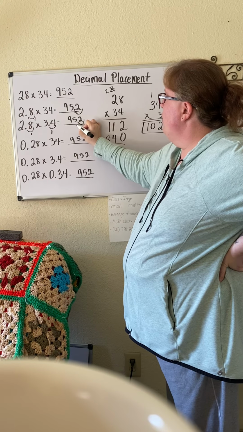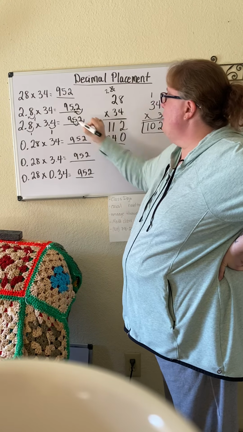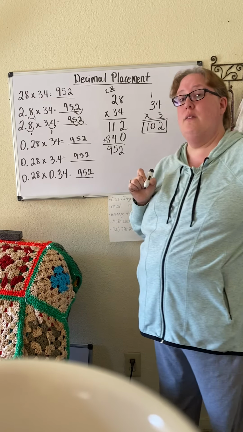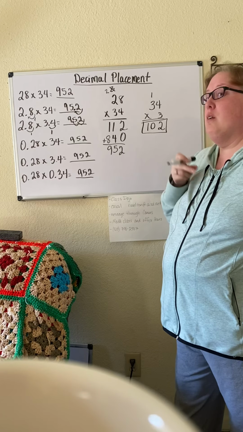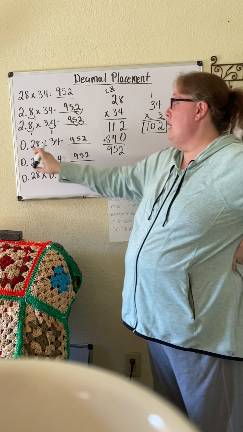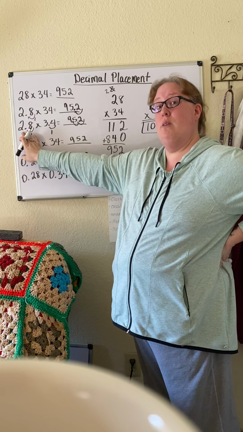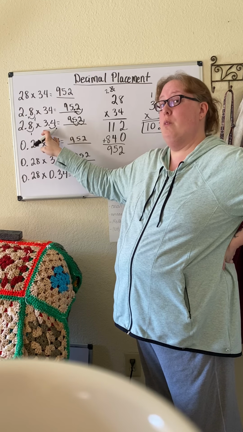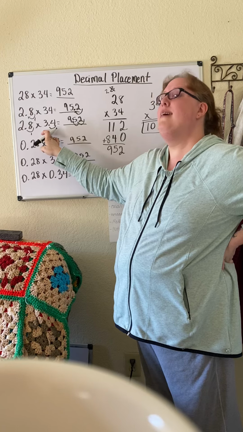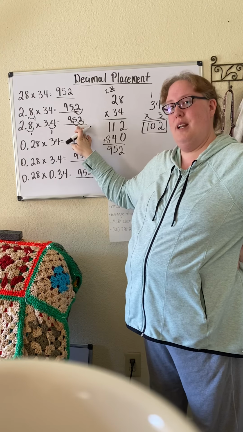Count over 2 places, and the decimal is 9 and 52/100. Now, the way I can prove whether that's reasonable or not, this would be rounded to 3, this would be rounded to 3. 3 times 3 is 9. Look how close that is.